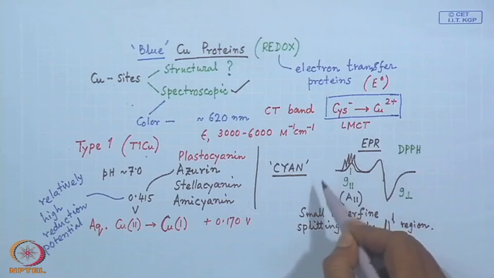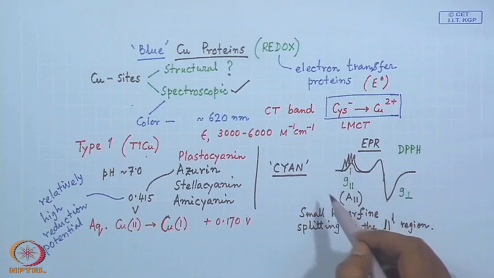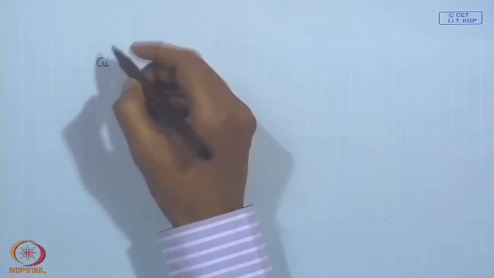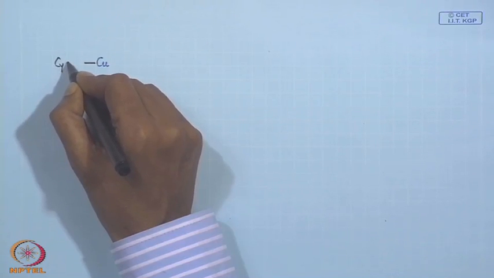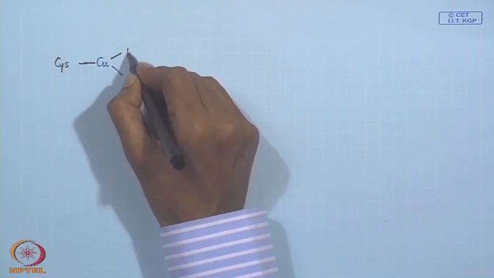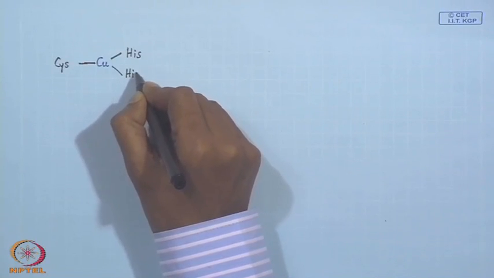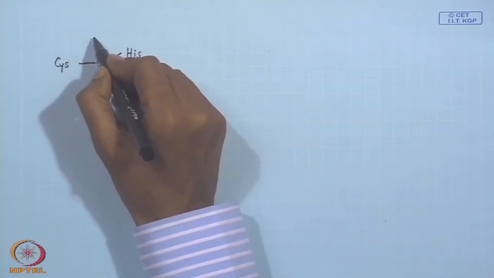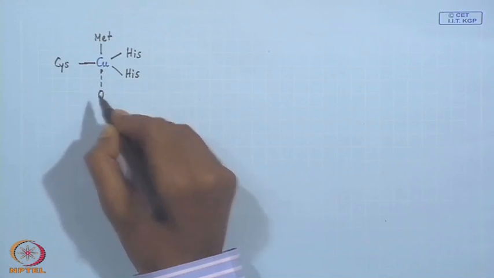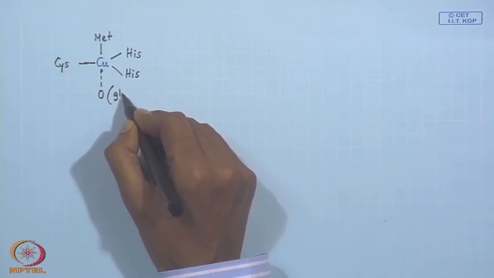Then you have this one very close to tetrahedral or 5 coordinated geometry, and this particular geometry, without knowing the exact structure of this particular site, gives us some idea that it has to be a copper center attached to one cysteine sulfur, and two of them are histidine nitrogen, and one is S-methyl, that means methionine, and a weak one, oxygen from some carboxy end, say a glycine type.